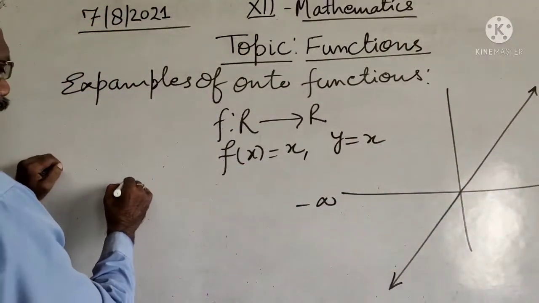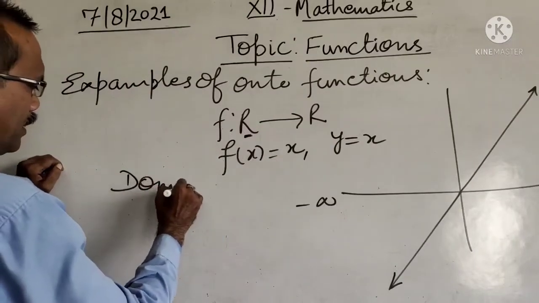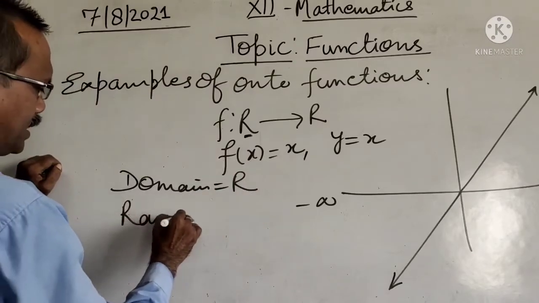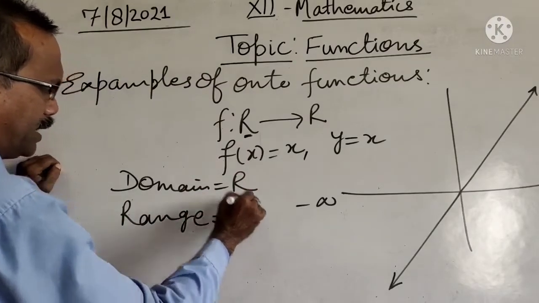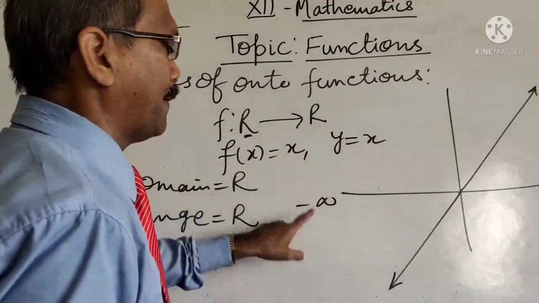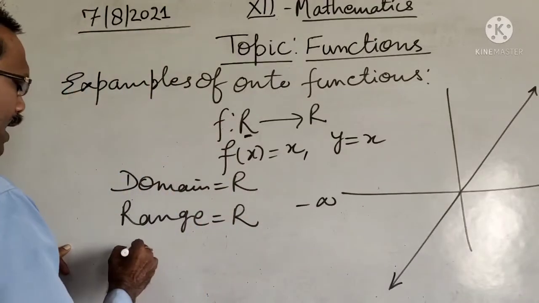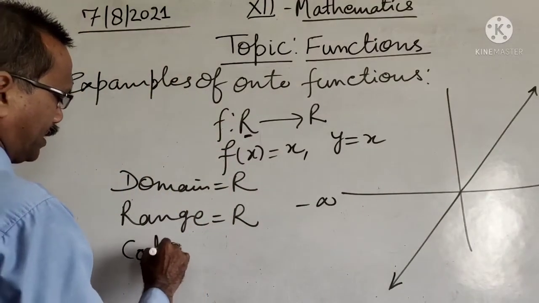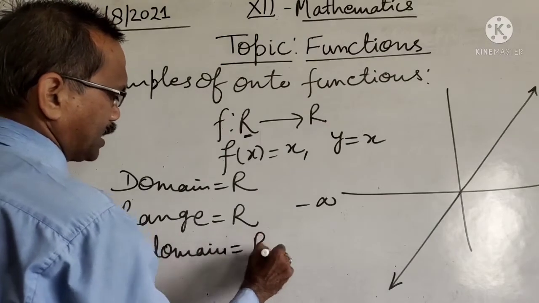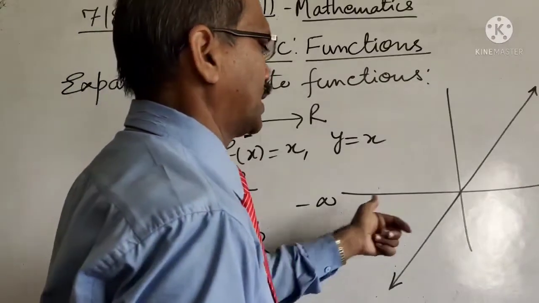So its domain is R, range is also R because this function is defined for every value of x, and codomain is also R. Since range equals codomain, the function is onto.